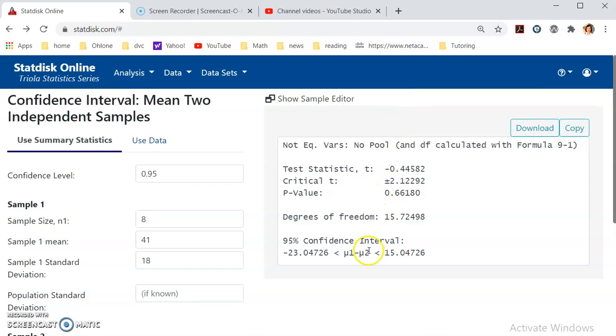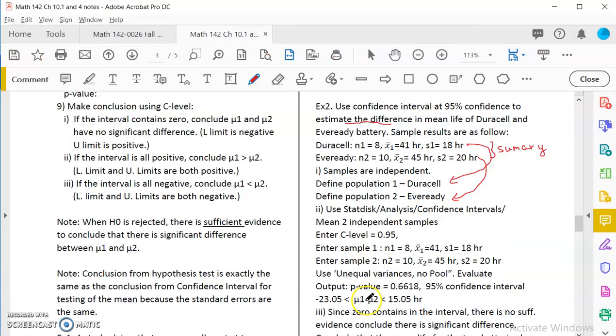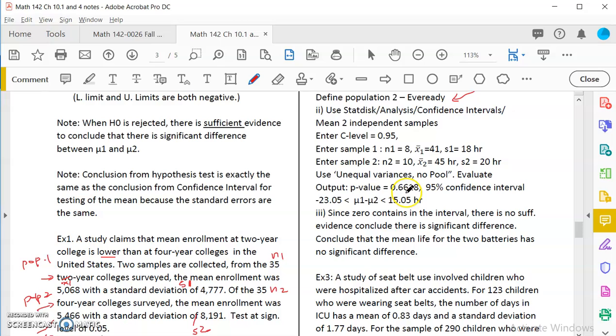The interesting thing is the degrees of freedom, the p-value is 0.66, and the main thing is you estimate how much the difference is. You see that there is a negative on the lower end and a positive on the upper end. That means 0 is in the interval. Okay, so copy down the numbers.